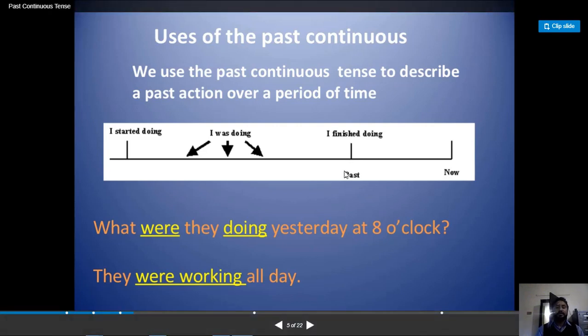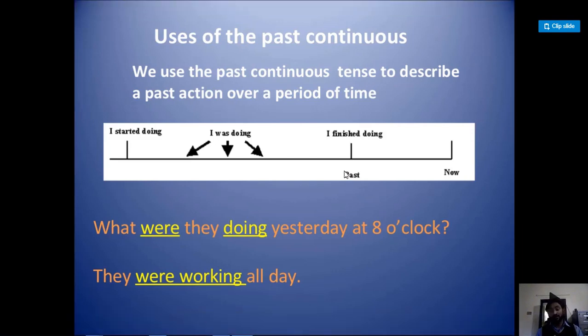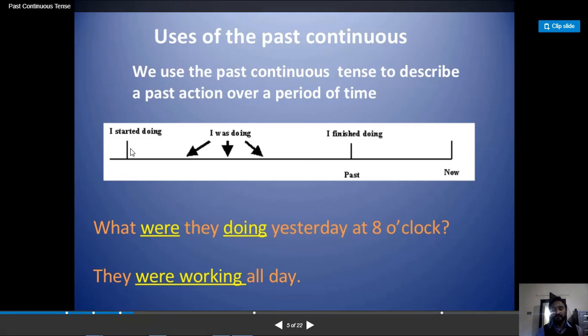So the past continuous tense is used to describe a past action which was continued or which was in progress over a period of time in the past. Here you can see it started at some point and was in progress over a period of time and finished at some point in the past.